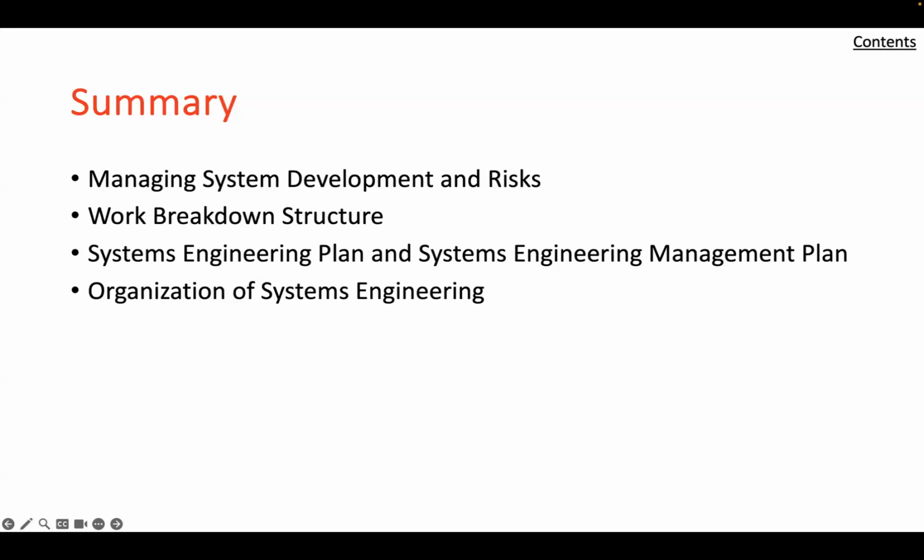One key tool used for program scheduling is the critical path method, CPM. CPM is based on WBS work elements and creates a network of sequential activities. Analyzing the network enables the system engineer and program manager to identify paths that take the longest to complete. Next, the system engineering plan and the system engineering management plan.